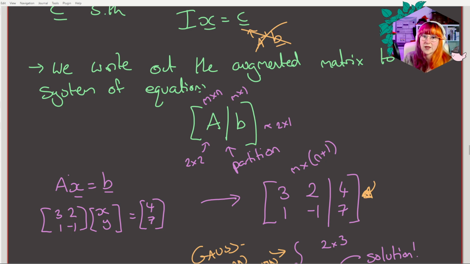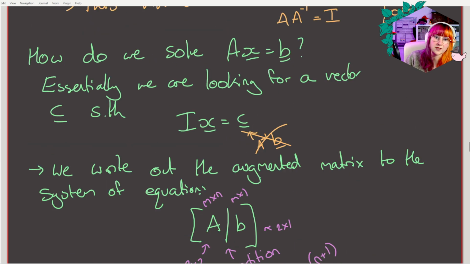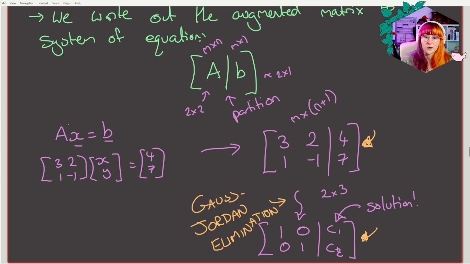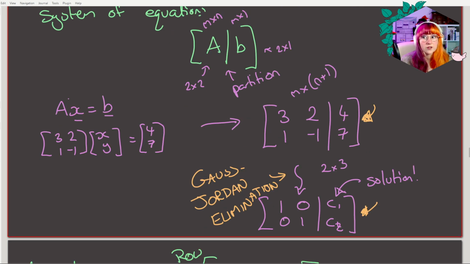In order to do that, we write the augmented matrix, which is taking our coefficients and taking our constants and then smushing them both together inside of a matrix with a partition, which is this line dividing them down.